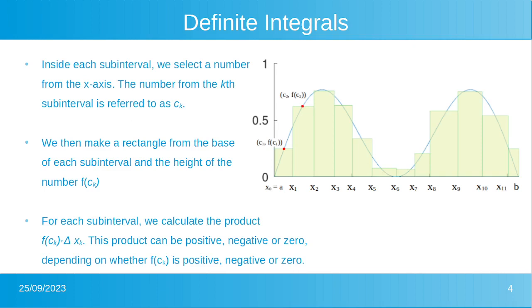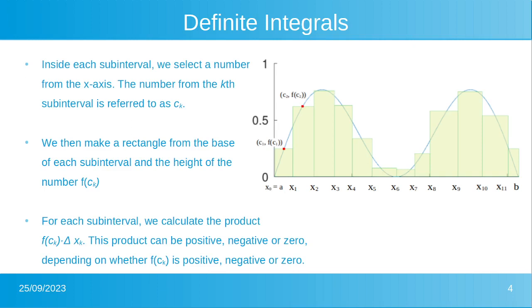We've worked out the corresponding y value for that x value, f of c2, and we've plotted c2, f of c2 with a red point on the plot. Then we've made a rectangle from the base of that second subinterval and the height of the number f of c2. So as we've made a rectangle for each subinterval, we've ended up with all these rectangles on the plot.